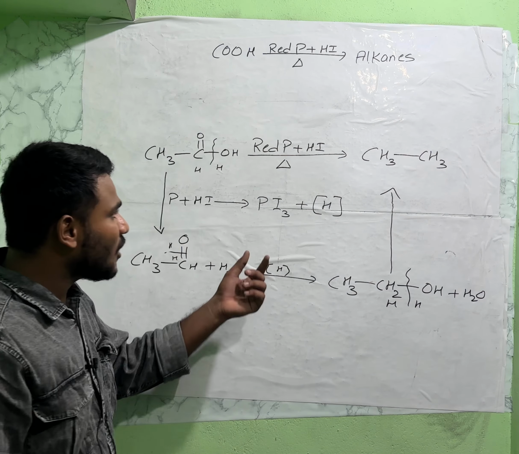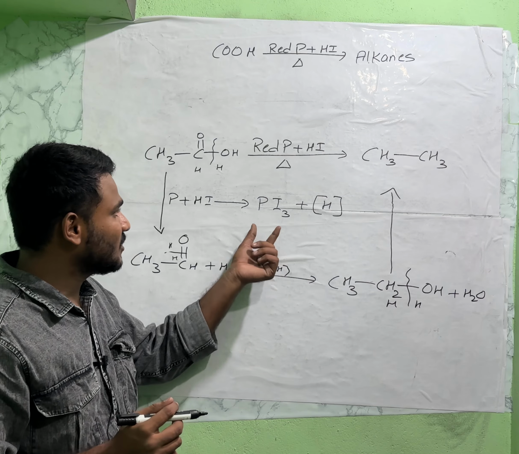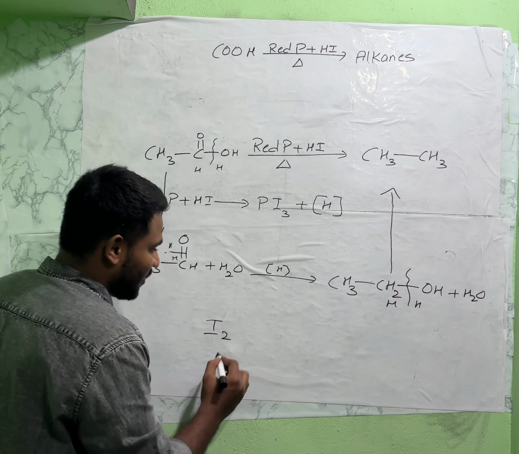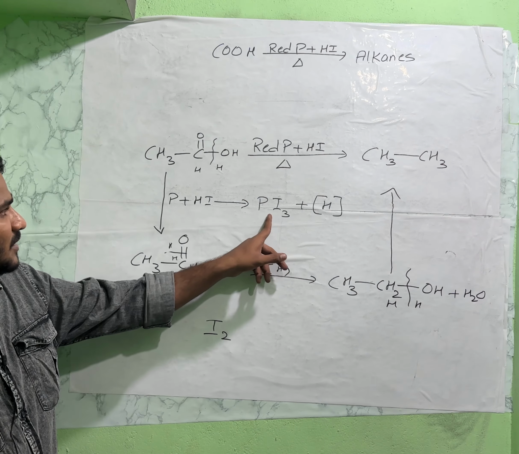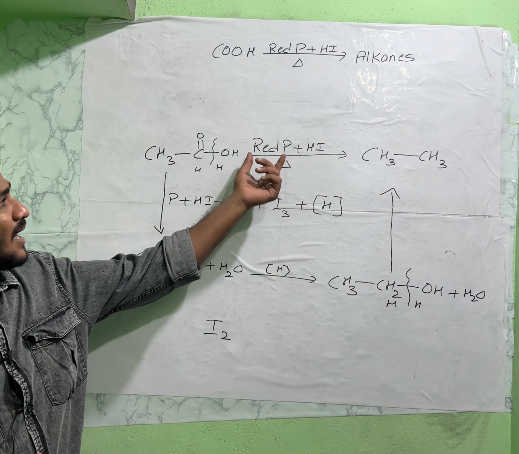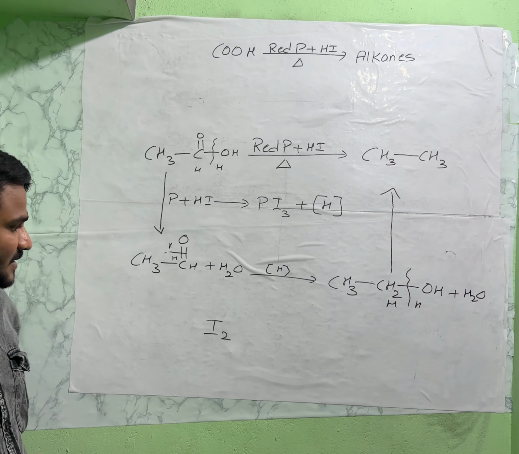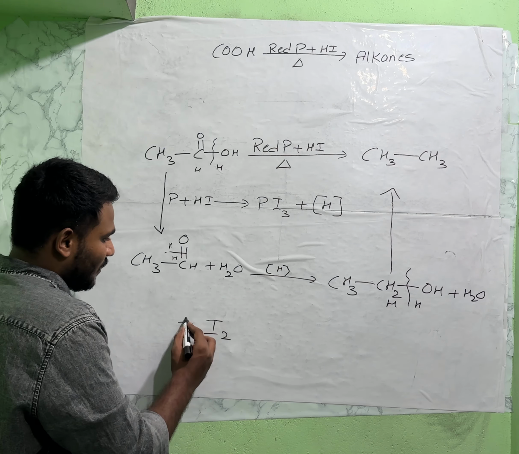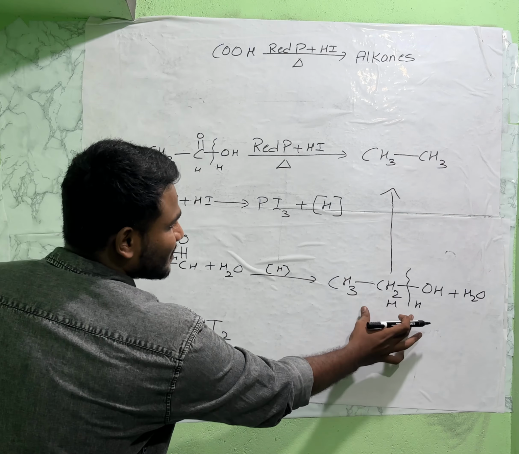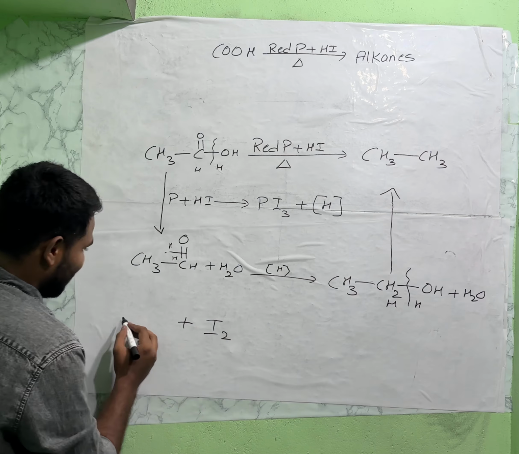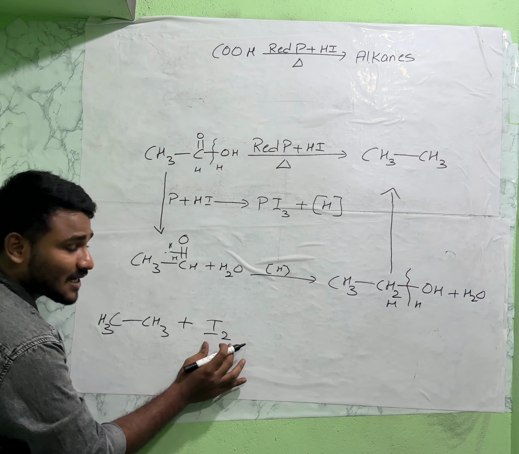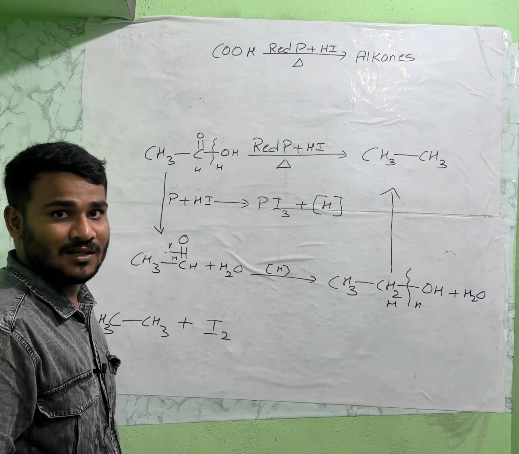Before forming this PI3, one thing I want to say: I2 is formed over here, in the product, before forming PI3. As we can see here, red phosphorus is present. If we don't take red phosphorus, what is the reaction? This alkane is present, and it will react with this halogen.